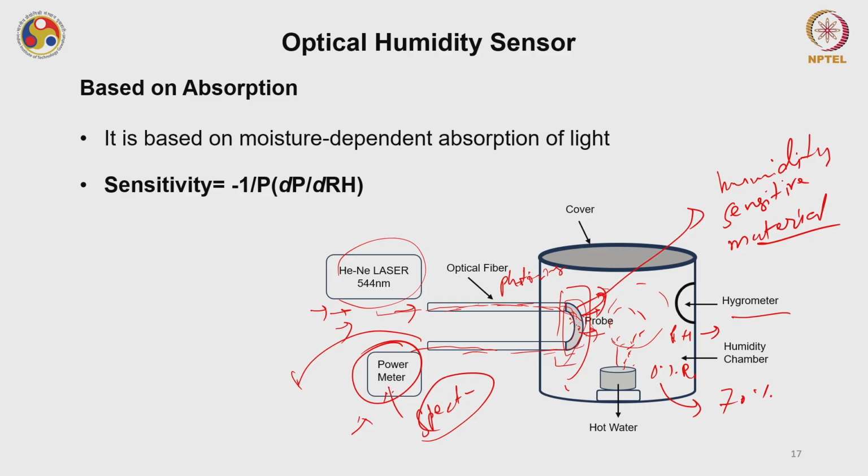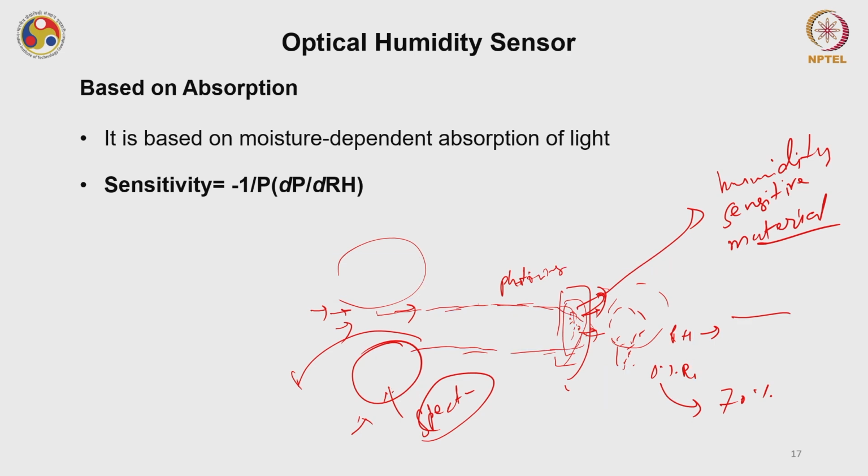Then there can be other ways also to develop this humidity sensor. As I have mentioned, you can use simple grating techniques, interferometry, and other principles of optical devices to design these optical sensors. So based on absorption, you have seen one example.